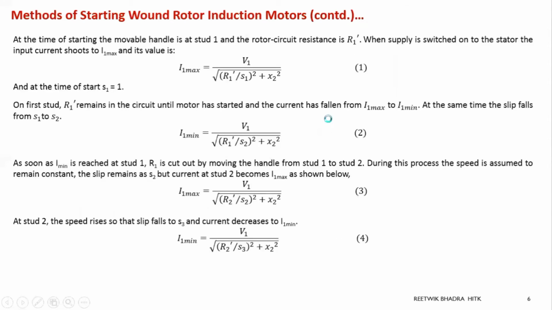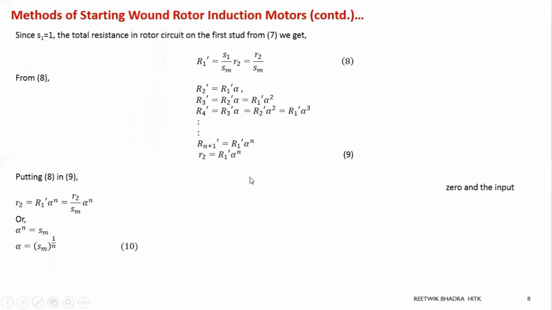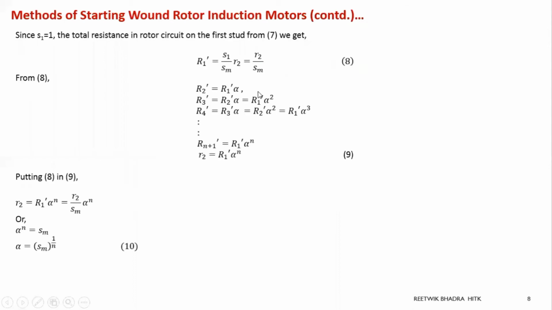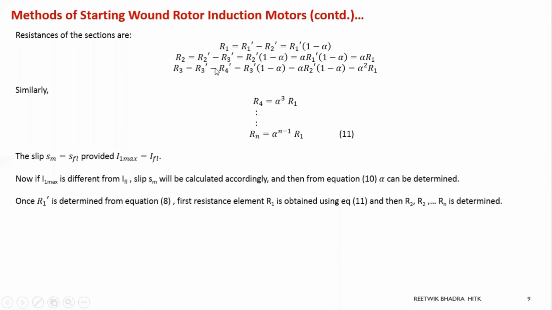Since we had calculated all these dash values, we can easily calculate this. So R1 is R1 dash minus R2 dash. What is R2? R2 dash minus R3 dash. What is R3? It is R3 dash minus R4 dash. If you have already calculated all these values, you can go by this formula.